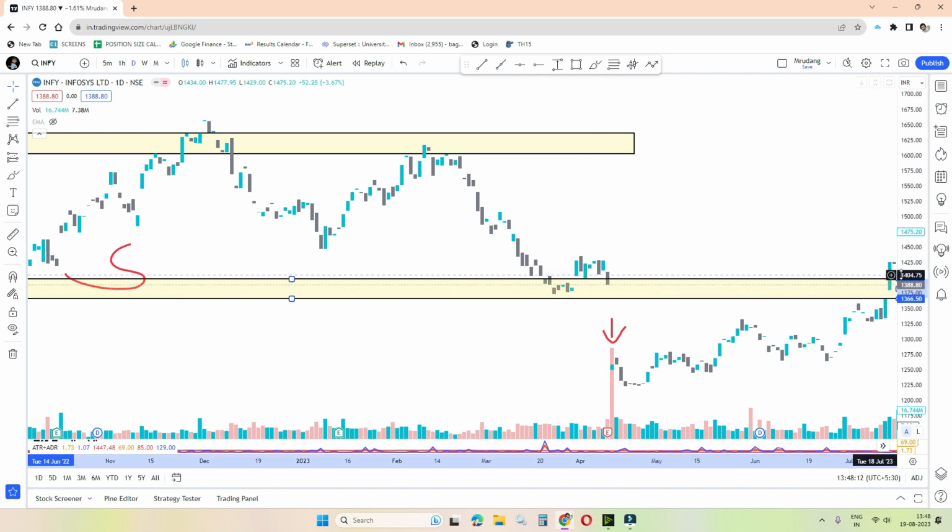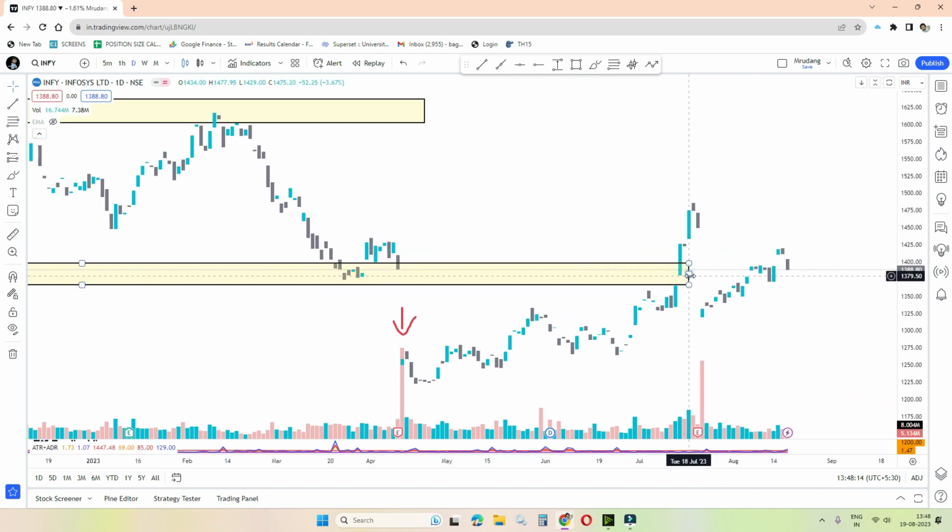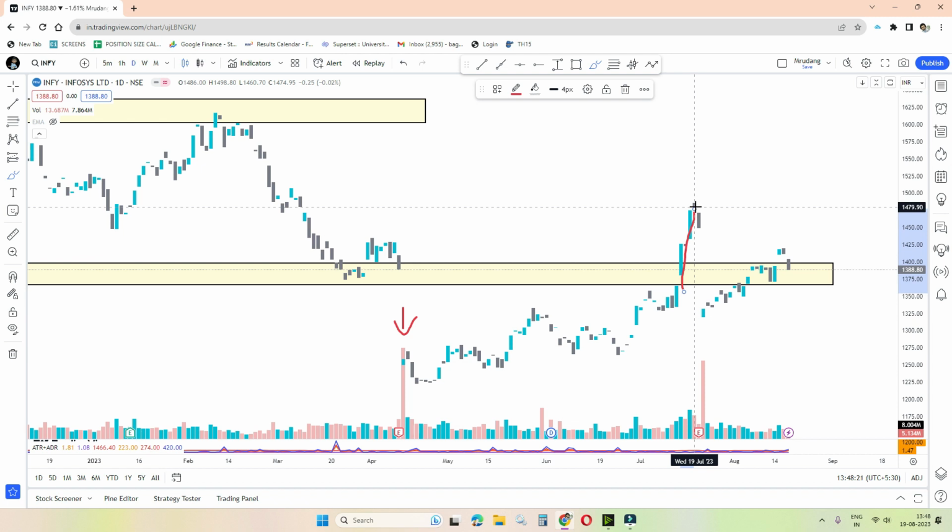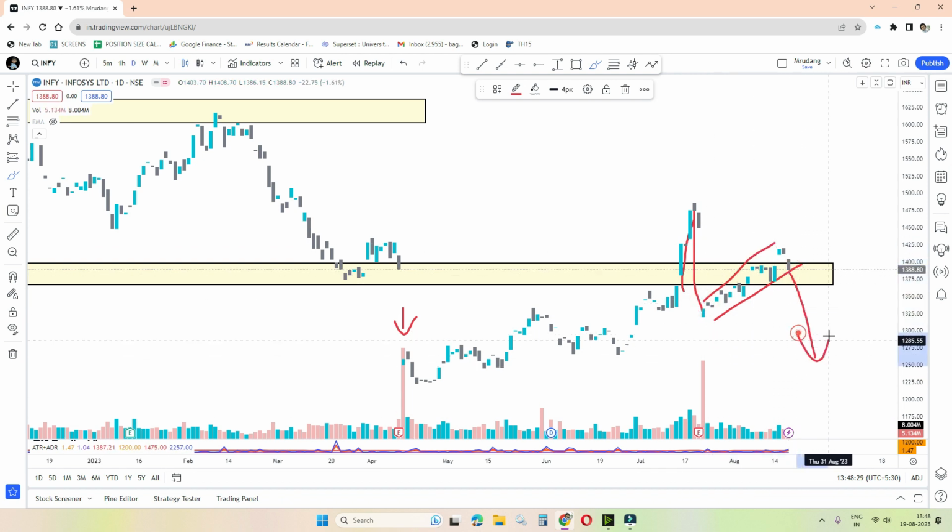Let's try to extend it. So it tried to reclaim the zone again here, but it couldn't, so it fell down again. It tries to reclaim again, but the probability of it going down again is higher. So this is the next stock where you should try to buy puts or sell futures.